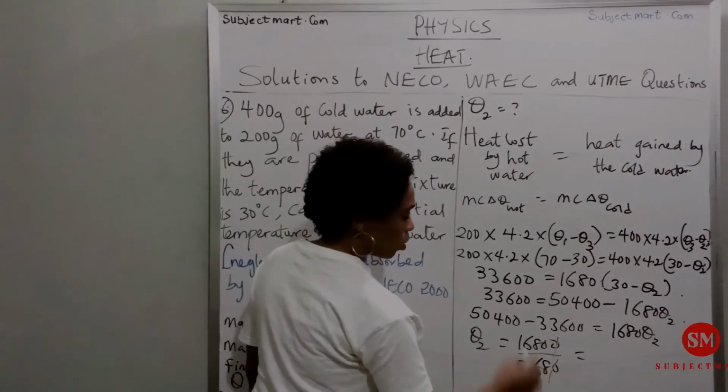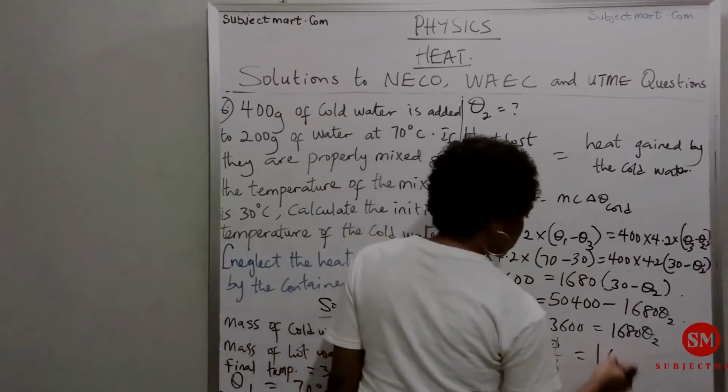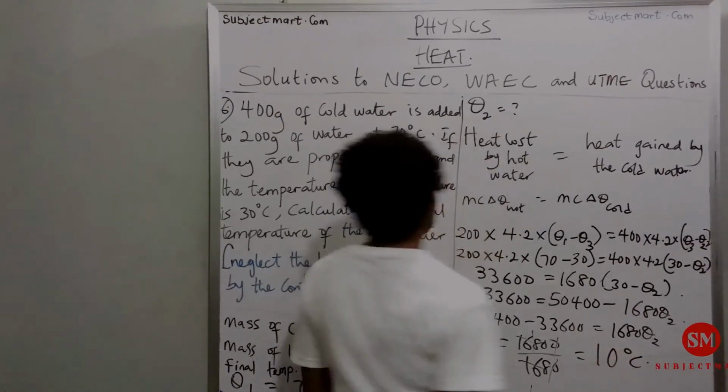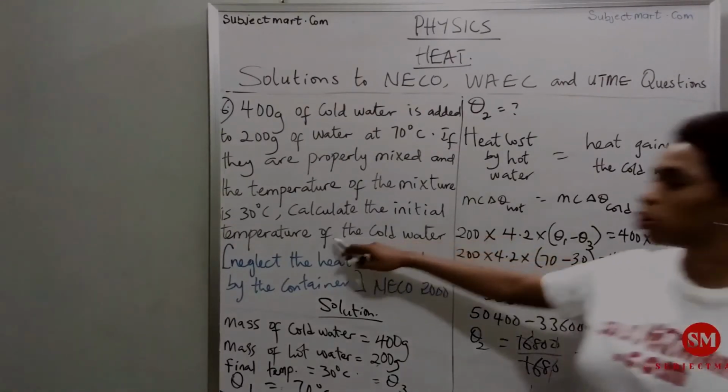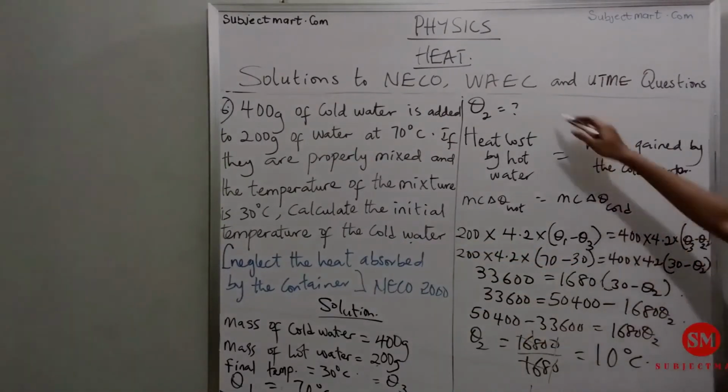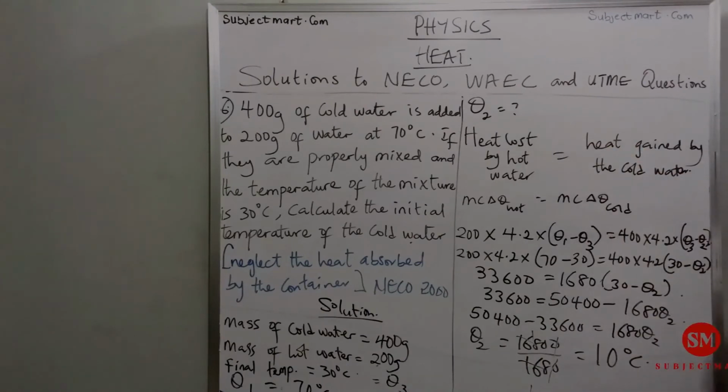This cancels this. Here 1, here 1. So my answer is 10 degrees C. So back to the question. The question says calculate the initial temperature of the cold water. So the initial temperature of the cold water is 10 degrees C.